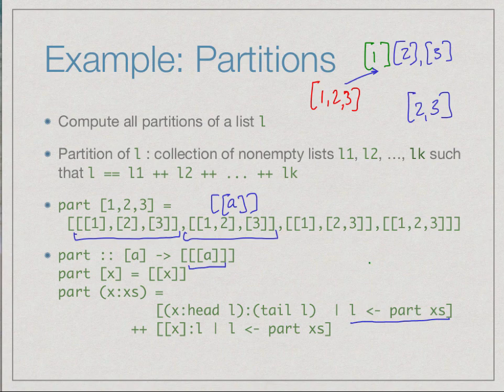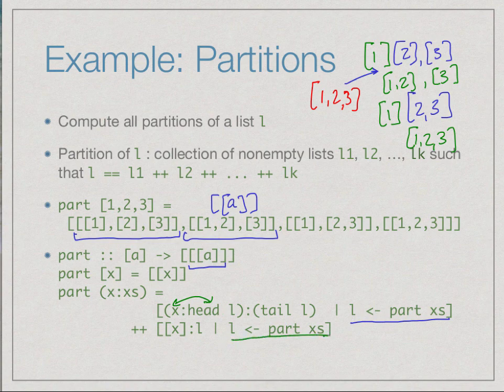So for each of these partitions, either I can do this or I can do 1, 2, 3. Likewise here, I can say 1 and then 2, 3, or I can say 1, 2, 3. So for each partition that I can get out of the tail, I can either attach X into the first element, or I can take the entire partition and then I can just add X separately as a new partition. That's what this is doing.